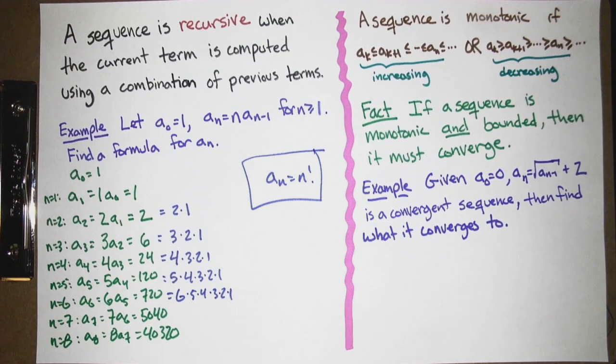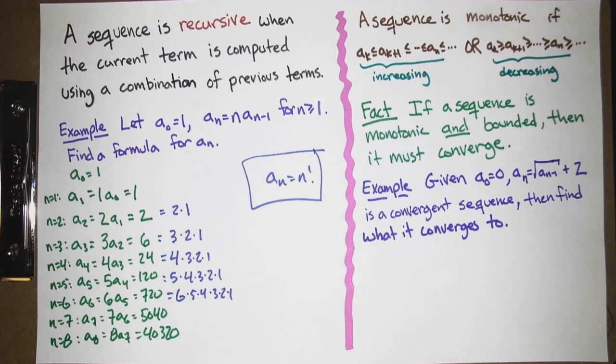All right. Now, one other fact, which we are not going to necessarily call on a lot directly, but we rely on it a lot implicitly. We have what's called monotonic. And we've talked about monotonic before. If you think back to Calc 1.